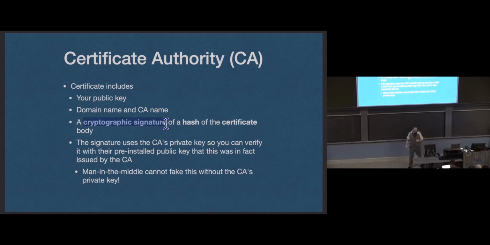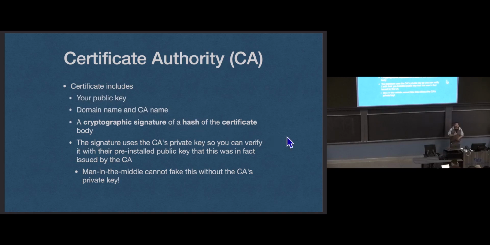Now you can verify that signature. You see the CA name, you pull up the public key for that CA, and you verify the signature, get the hash, and then hash the contents of the certificate and make sure the hashes match to make sure that is a valid certificate.